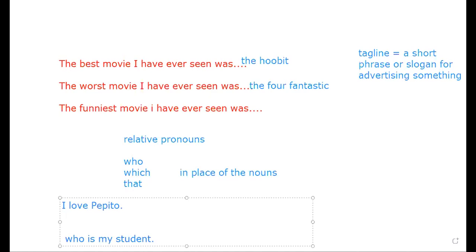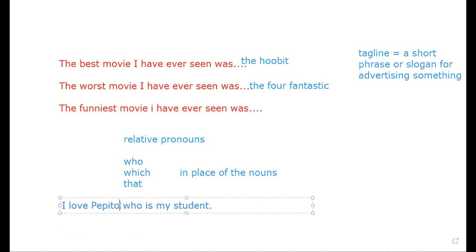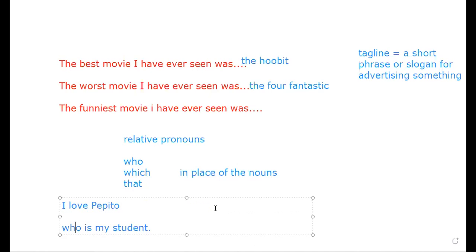But I want to say who Pepito is. I will give extra information with a subject relative clause introduced by the relative pronoun who. I love Pepito, who is my student. I love Pepito.